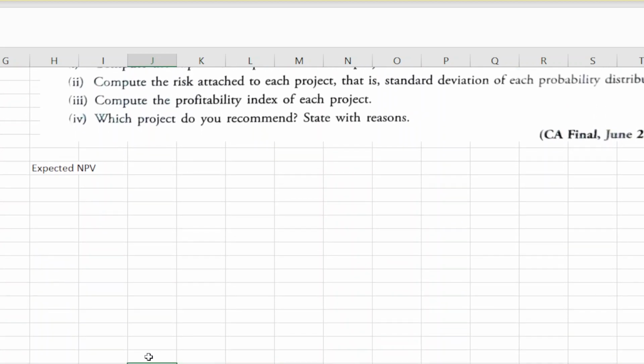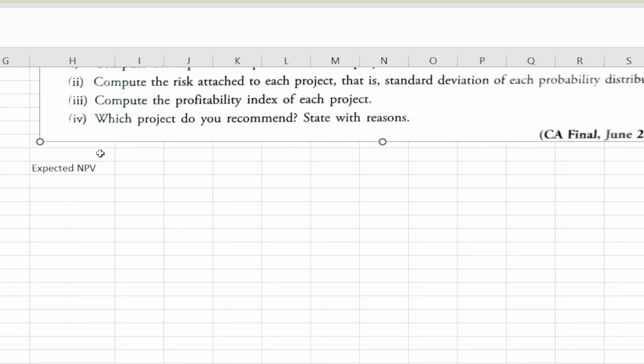Before starting the problem, we will write the formula. What is the expected NPV formula? Summation... just a minute, I have the formula here.